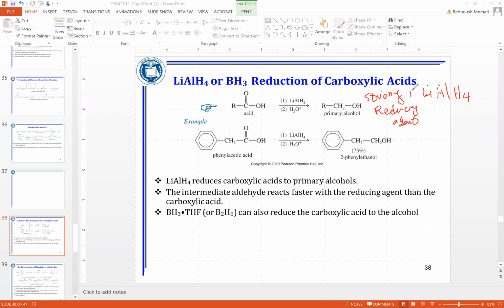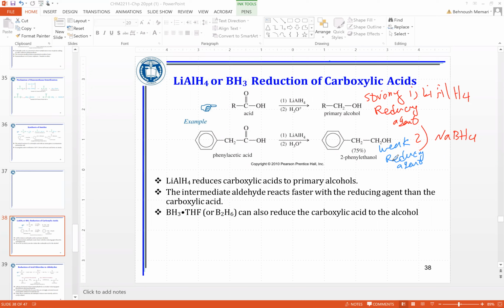Can you tell me a second one? A reducing agent? Sodium borohydride is a weak reducing agent. Wolff-Kishner was a strong reducing agent.